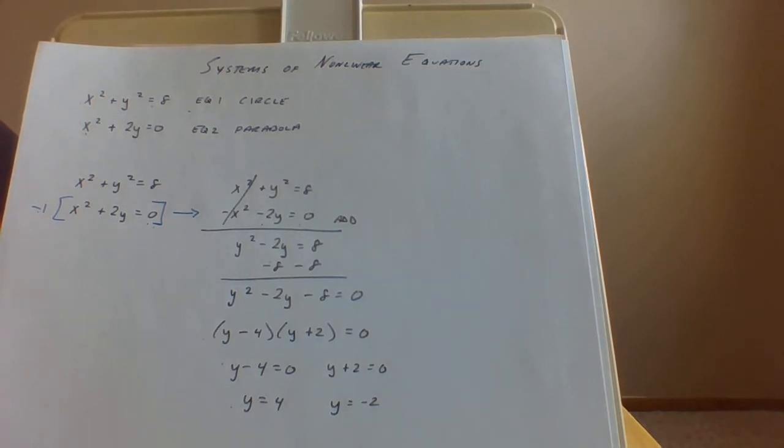Now, let's go back and figure out what our x values are. Again, you can go back to either one of these original equations, either equation 1 or equation 2. It is your choice. I'm going to go ahead and use equation number 2.